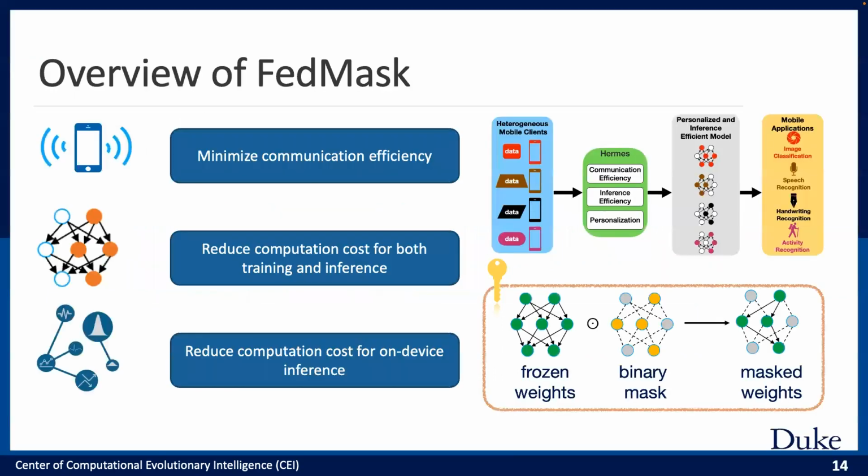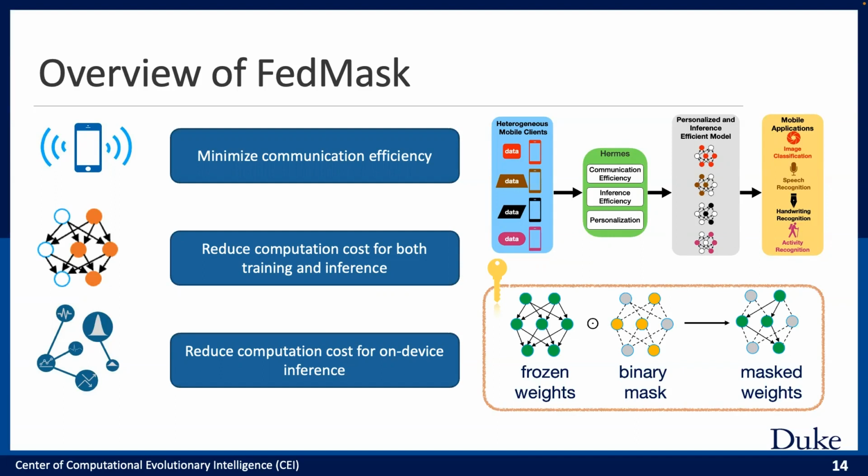So the idea is that rather than having the lottery ticket, a subset of the neural network, we carefully initialize the model with all the weights, and then we have the mask. It's a binary mask, just 0 and 1, to filter out part of the parameters from the local device to the server.